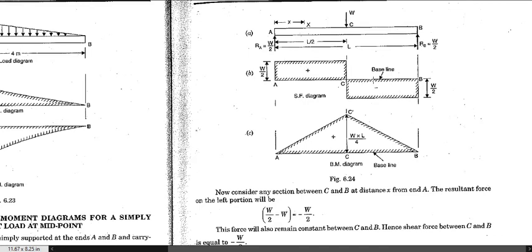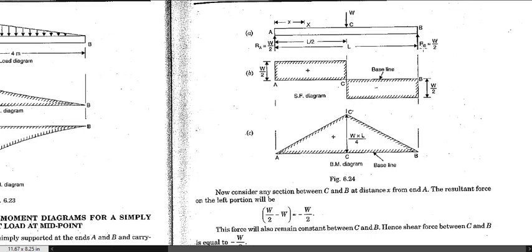Okay, now next thing is how we can find out these two values, W by 2 and W by 2. So let us suppose that this load W is acting at the center of this beam at a distance of L by 2. Okay, so if you want to find out these two values of the support reaction, then you have to take the moment at any end support to be 0. Let us suppose that I have taken the moment at this point to be 0. Okay, because of this force it will create a hogging, therefore the moment will be positive.